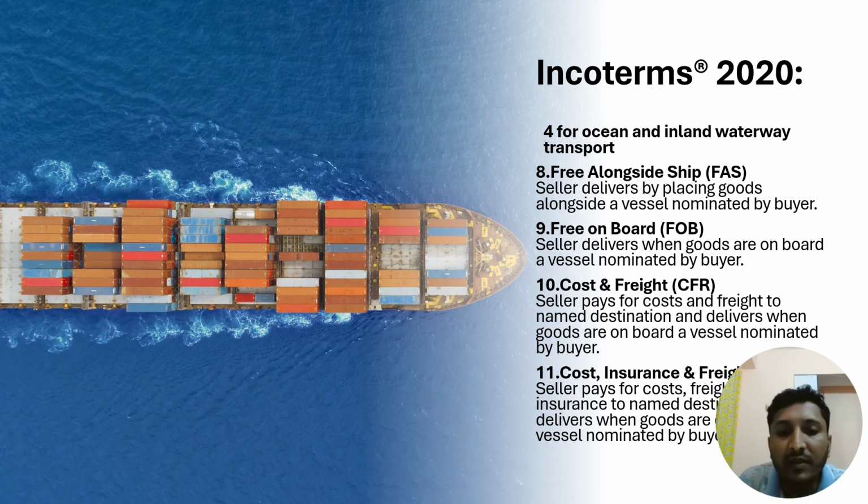In cost and freight, the seller pays the cost and freight to the named destination, and delivers when the goods are on board the vessel. CIF has the only difference of insurance, where the exporter takes the responsibility for insurance. So CIF and CIP differ only in insurance.